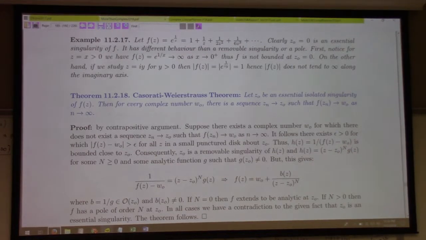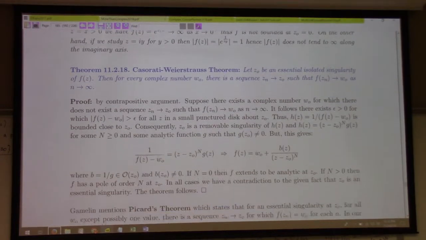This theorem claims you can find a sequence that will go to anything. If you pick any complex number, you can find a sequence zn that, if you feed it to e to the 1 over z, will produce that value. It's pretty neat. The proof is down here, which I'm going to skip because we need to go on, but it's right there for you to look at.